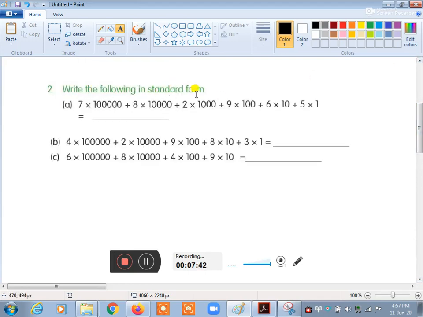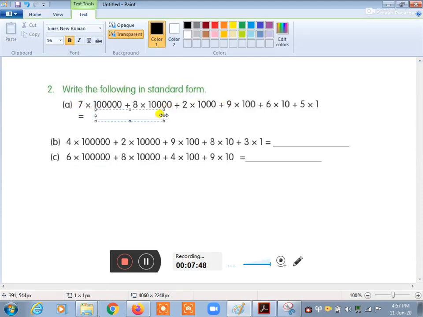Write the following in standard form. Here they have given the expanded form. You have to write the standard form. So here 7 into how many zeros are there? 1, 2, 3, 4, 5. 5 zeros means lakh. Then 7 lakh. We'll write first like this. 7 lakh plus 8 into 10,000 is 80,000.